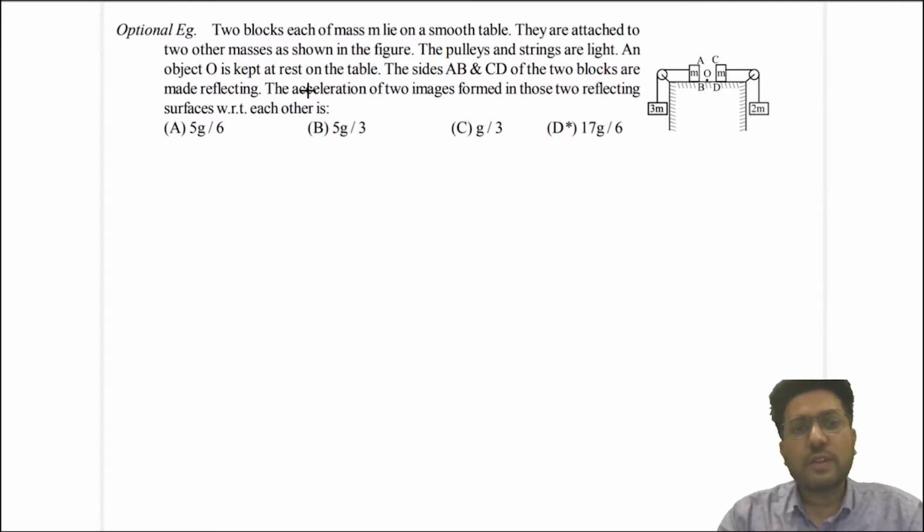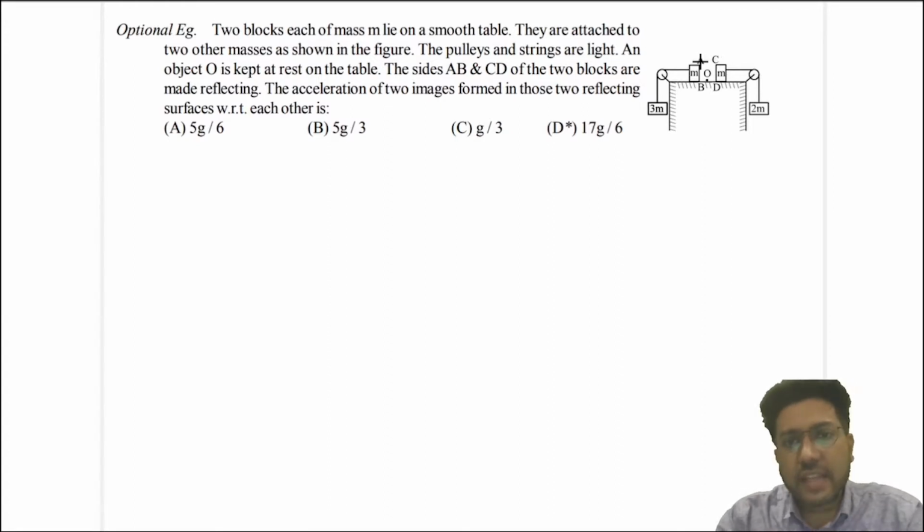So first we'll do one question where we are given two blocks each of mass m which lie on a smooth table. They are attached to two other masses as shown in the figure. The pulleys and the strings are light. An object O is kept at rest on the table at this point.